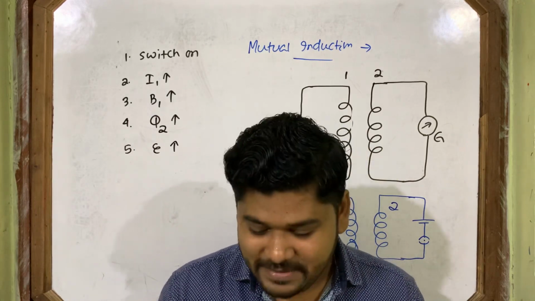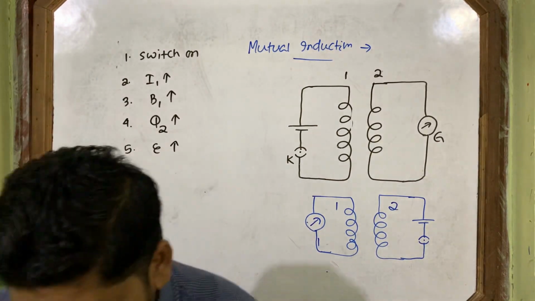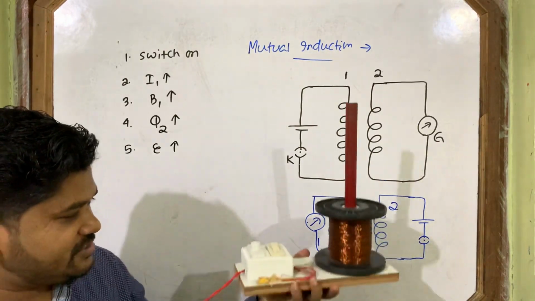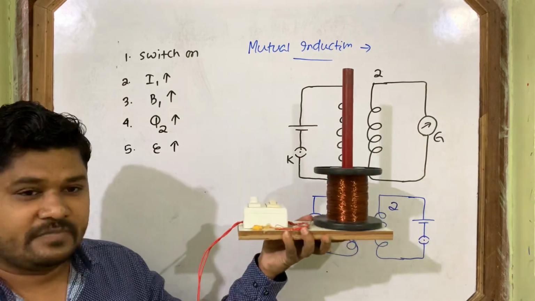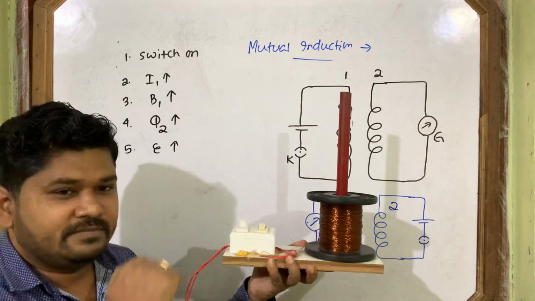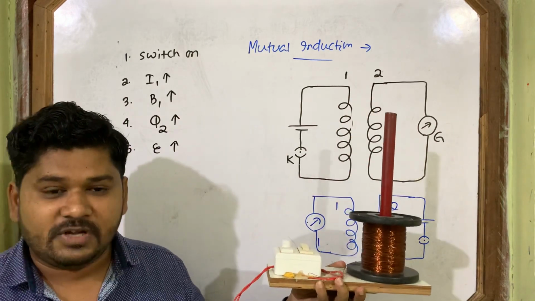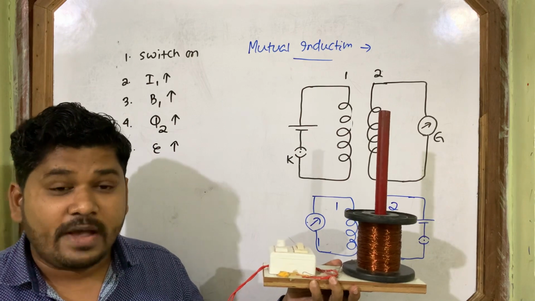If you don't believe it, I can show you now how this happens. Can you see now? This is a coil, and here I am applying AC, alternating current. Why alternating current?